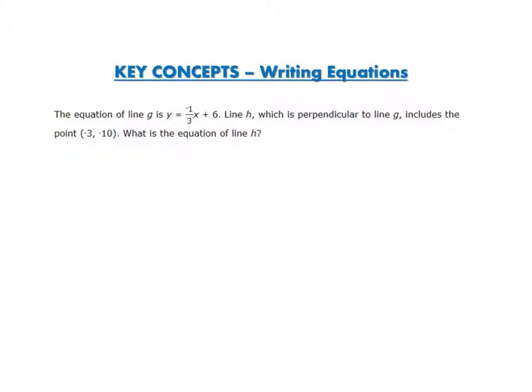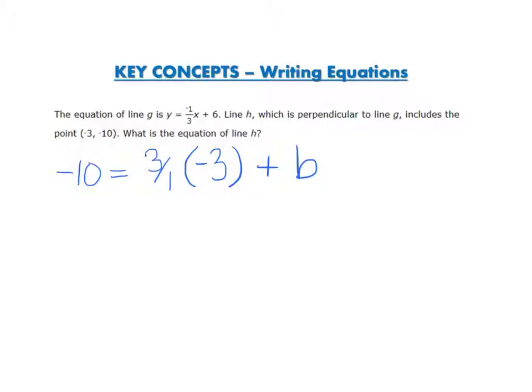First of all, remember that perpendicular slopes are inverse and opposite sign. So they also give me an x value and a y value. I'm going to start with y. The value for y was negative 10. I'm going to invert and change the sign of the slope. That makes it a positive 3 over 1. x is negative 3, plus b.